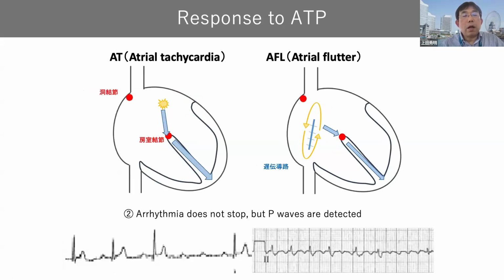Here are pictures of atrial tachycardia or atrial flutter. As you can see, the AV node delay happens, but the arrhythmia still does not stop. But you can still see the P wave here, and this means you can understand what is happening inside the heart.